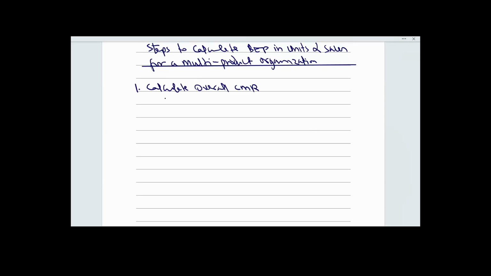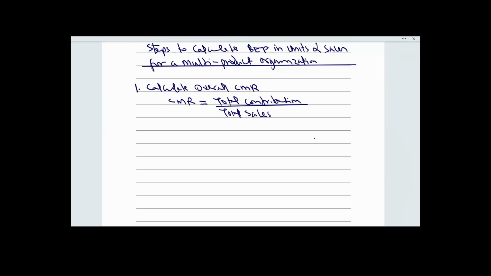So in this case, of course, you already know the formula for calculating contribution margin ratio. So CMR equal to total contribution over total sales. All right. So that will give you the overall contribution margin ratio.